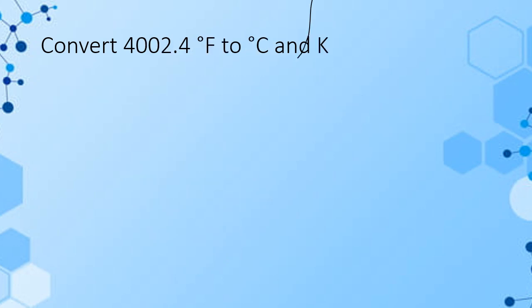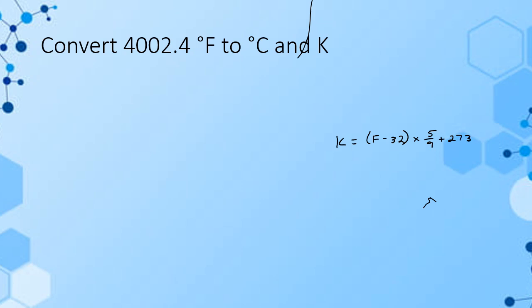Here on this slide, we will convert 4002.4 degrees Fahrenheit to both degrees Celsius and Kelvin. We may remember from the previous slide that to convert from Fahrenheit to Kelvin, the formula we will use is the degrees in Fahrenheit minus 32 times 5/9 plus 273.